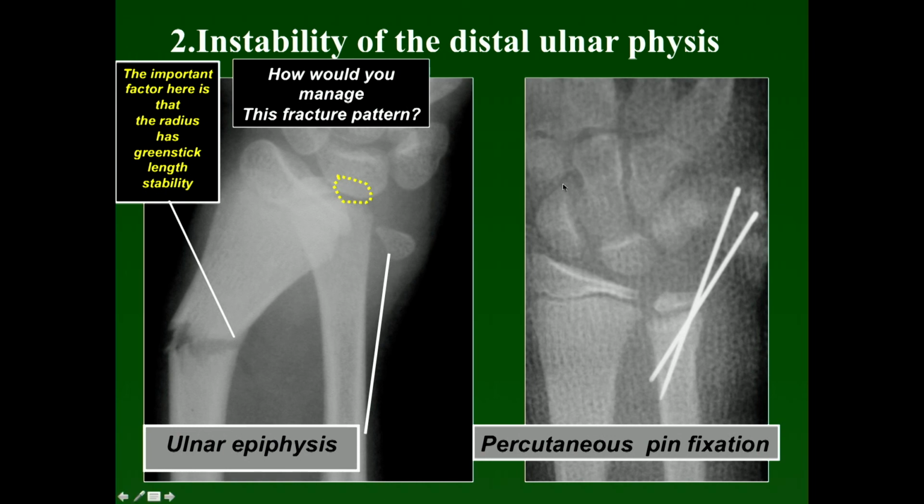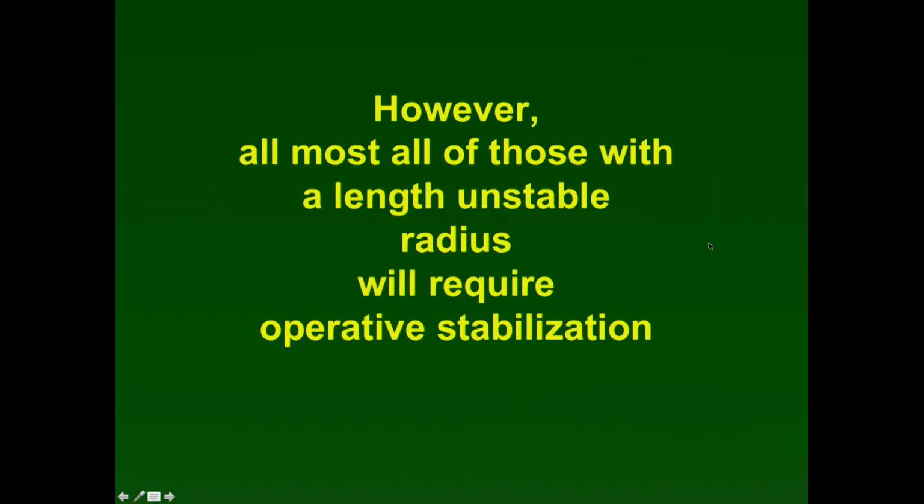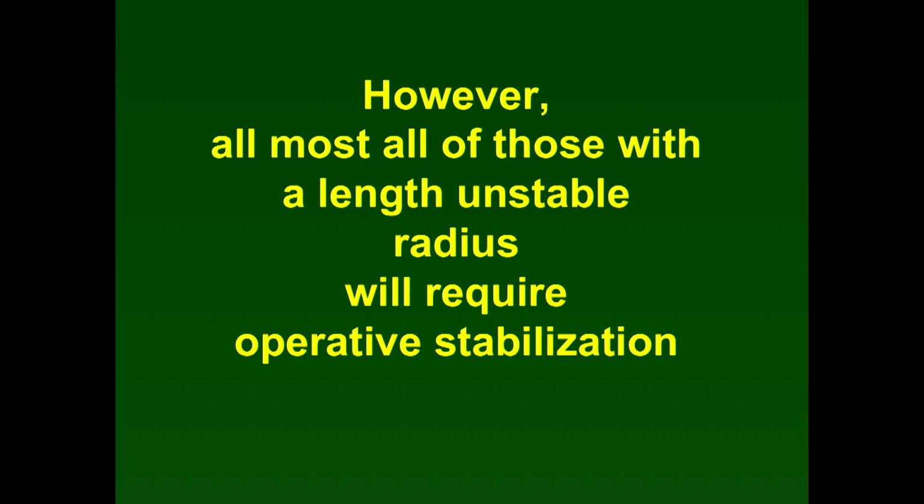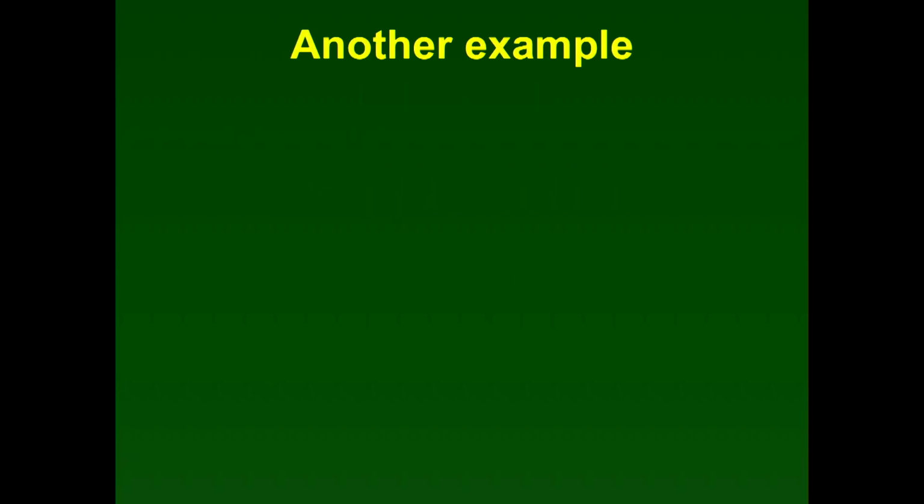How do you assess the quality? Well, the radial length has been reestablished in relationship to the ulna. That's very important. Now, most of these, if they're length unstable, will require operative stabilization.